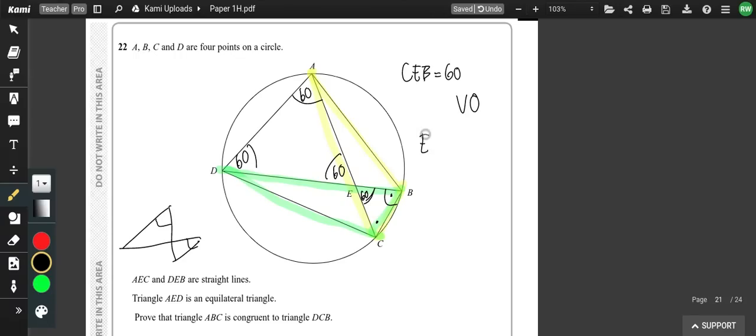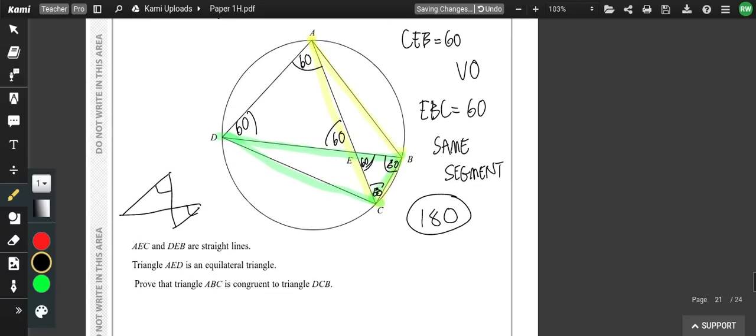So EBC is also 60, but this time it's the angles in the same segment. So you would use that argument to say that that angle in there is 60. So we now found that, which must mean that this is 60, angles in a triangle add up to 180.